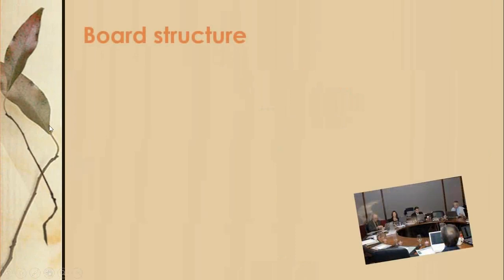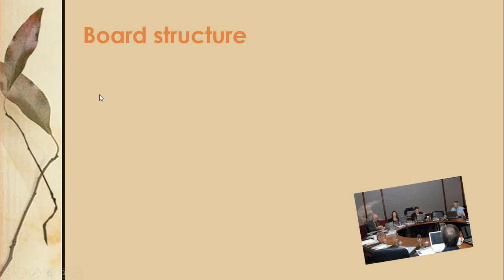So next one, the board structure. So the boards, in the companies, ultimately everything is done by the board of directors. If you don't have the right board of directors, you're going to have problem. So you must have a good board who are competent, who are skilled enough, who are professional enough, and with balance of skills. So don't have all the accountants in the board.